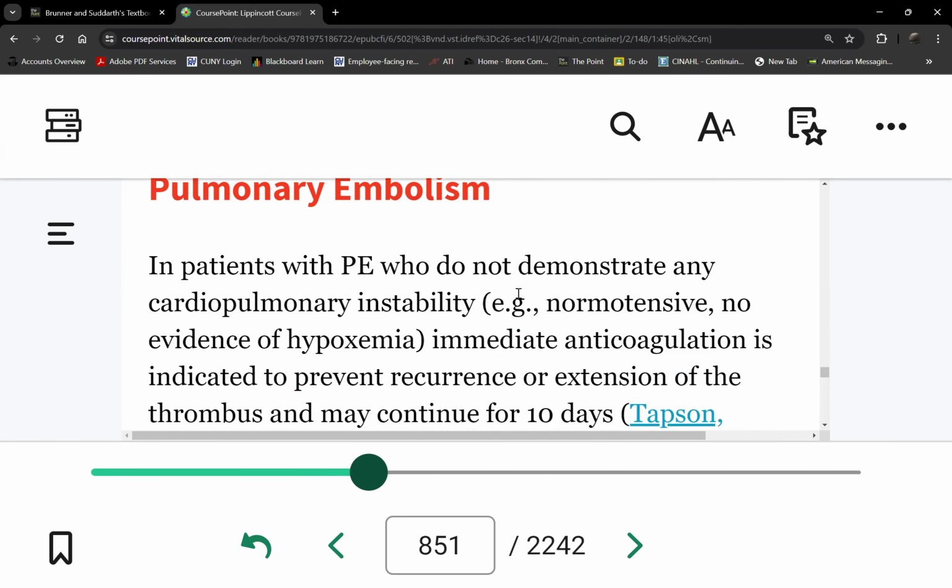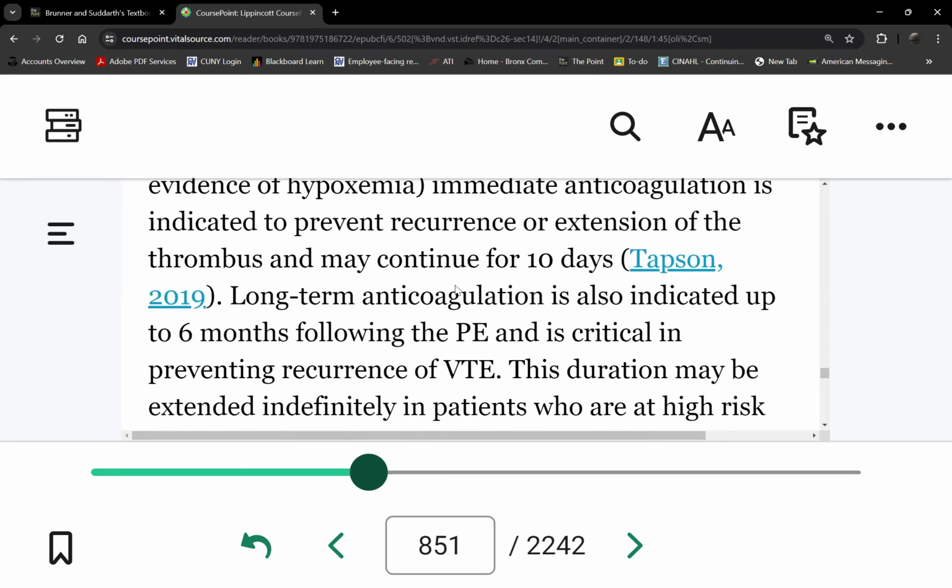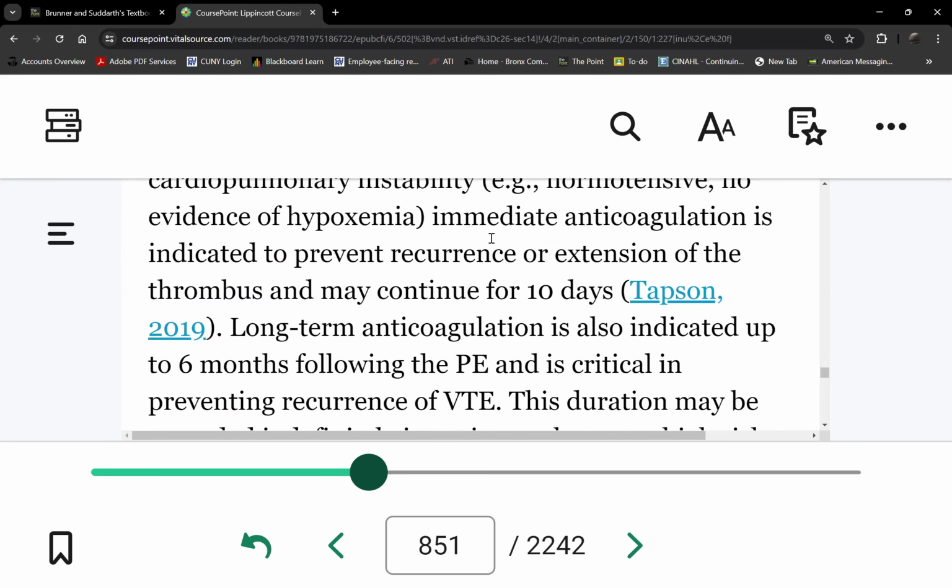So for low risk, again, already described, they'll be on either an oral anticoagulant, usually a 10A inhibitor, or short-term low molecular weight heparin injections. Here for us, short as 10 days, okay, if it's a low risk PE.